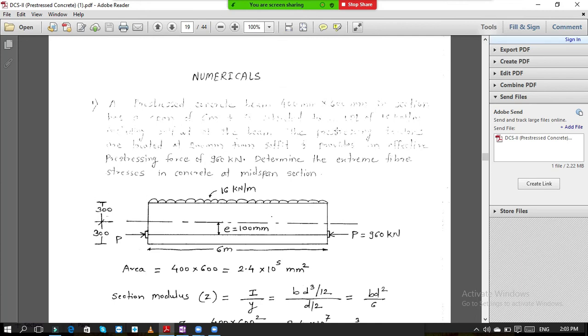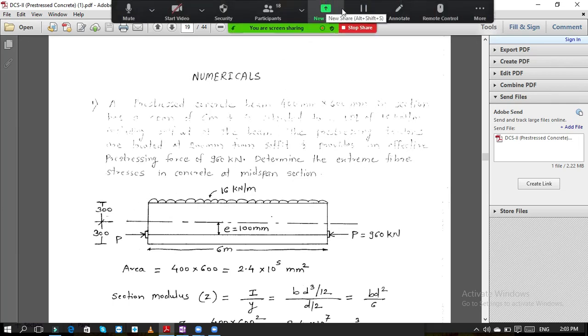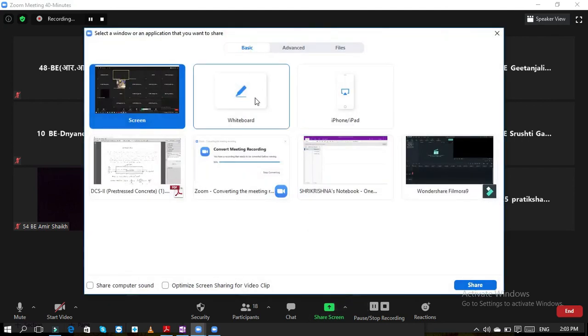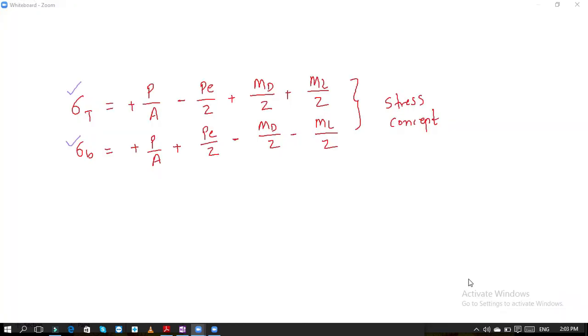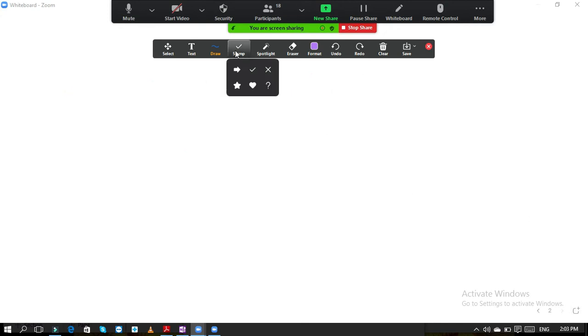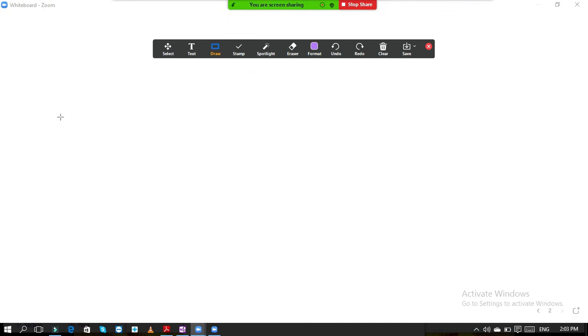So we will take this numerical now. See these values and keep them in mind: 400 by 600, 6 meter span, 960 kilonewton is the prestressing force, and 16 kilonewton per meter. So we will draw the diagram first. This is the given beam.